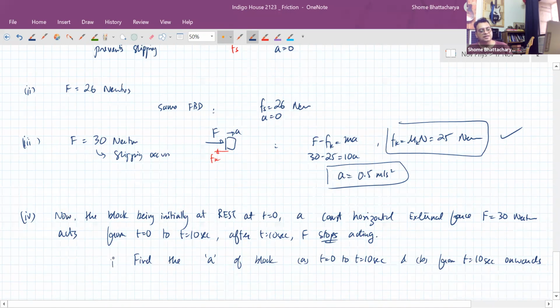And now we'll do some kinematics in this: find the velocity as a function of time t, and plot the velocity versus time graph.